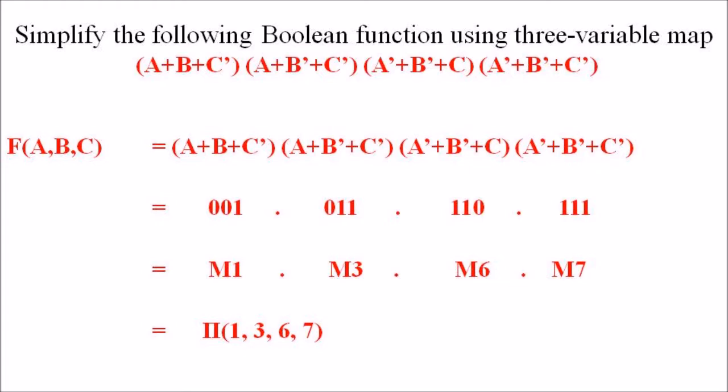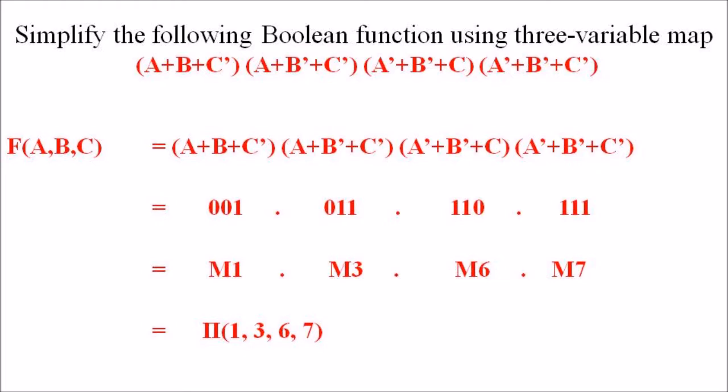In the second term, a + b' + c', a is represented as 0, b' is represented as 1, c' is represented as 1. In the third term, a', b', c is represented as 1, 1, 0. And finally, a', b', c' is represented as 1, 1, 1.